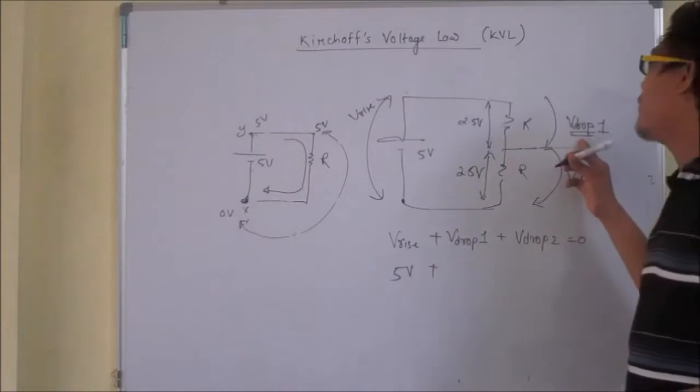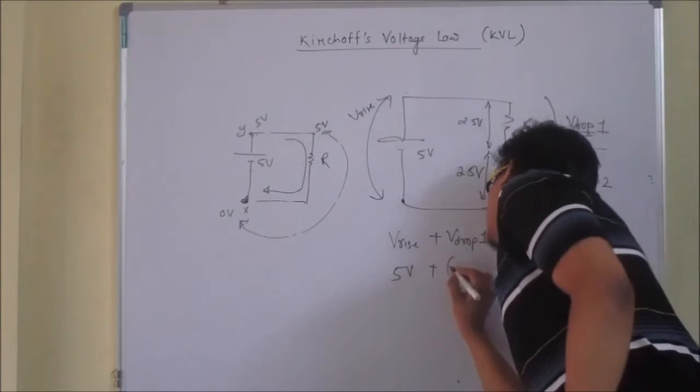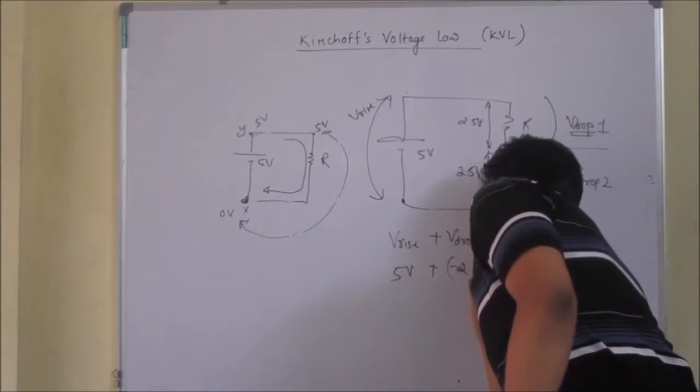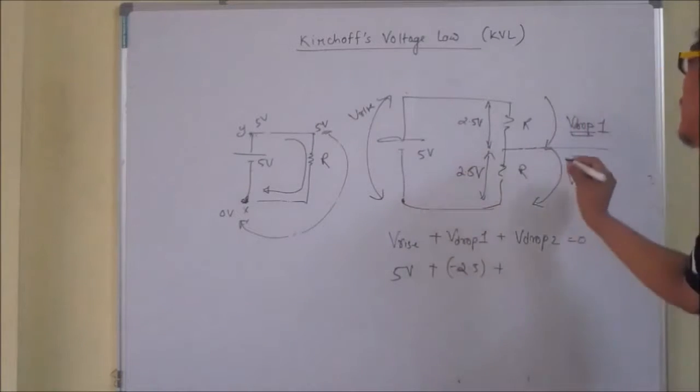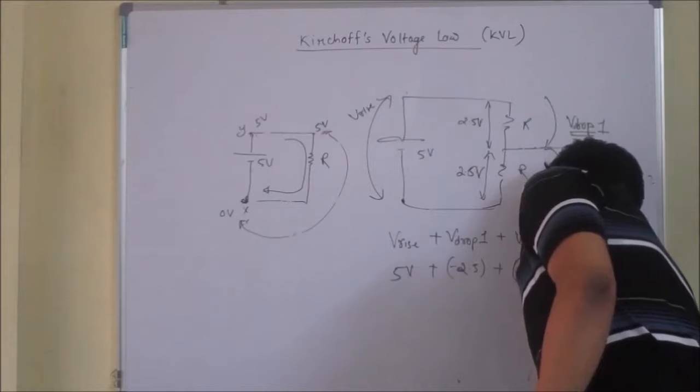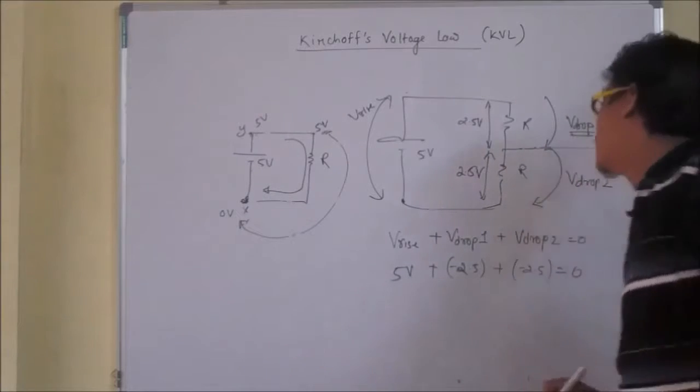So V drop 1 is minus 2.5. Again V drop 2 is minus 2.5, is equal to 0.